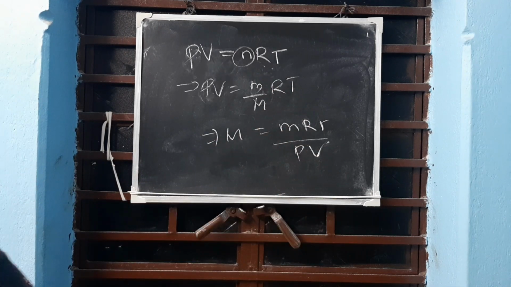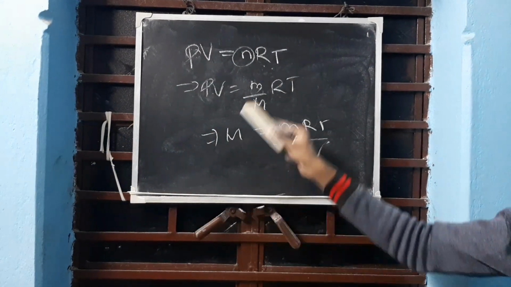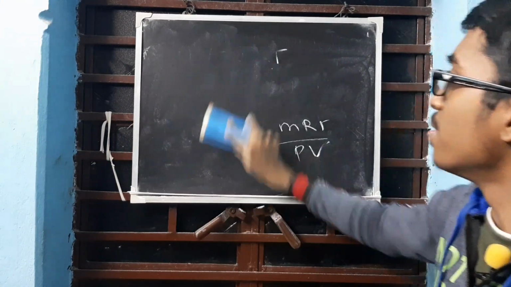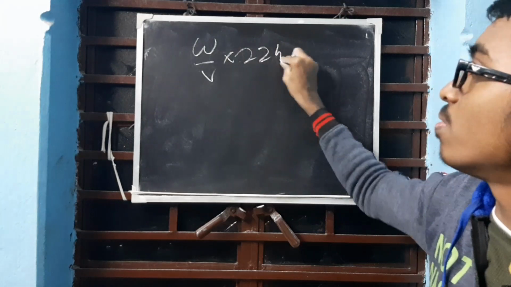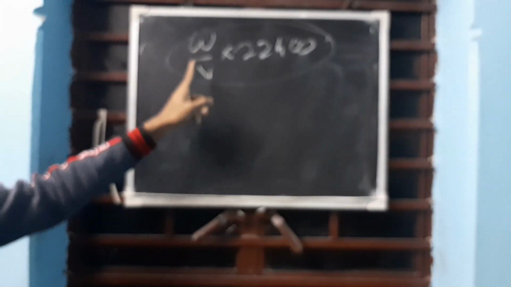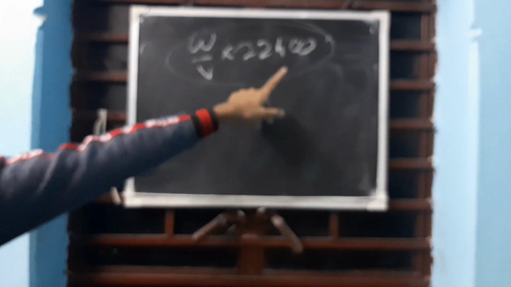Okay. Then for volatile substances you have another method that is called the Victor-Meyer method. The Victor-Meyer method also uses the same formula, m equal to w by V into 22,400. Here w is the mass of substance, V is the volume of the vapor at STP formed over there, and this you already know.